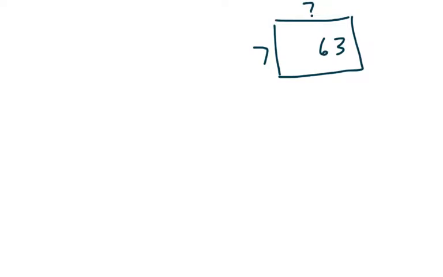In this case, we know that 7 times 9 is 63, so 63 divided by 7 is 9. Okay? So this model could be used for either multiplication or division. And that's true because division undoes multiplication.